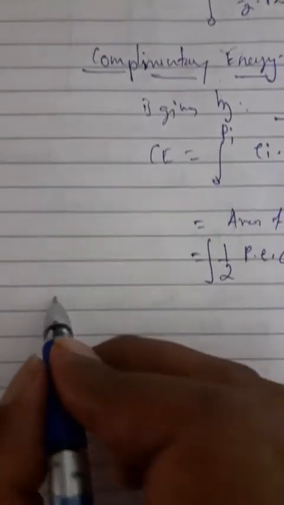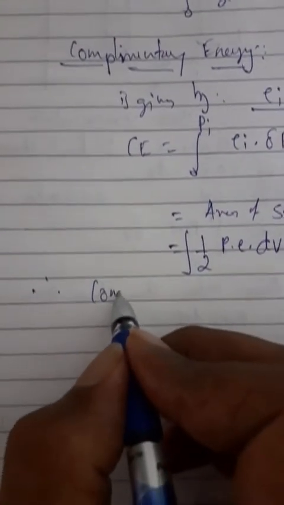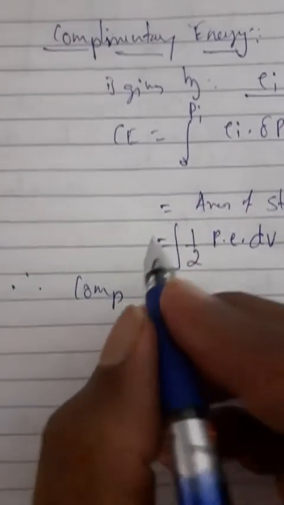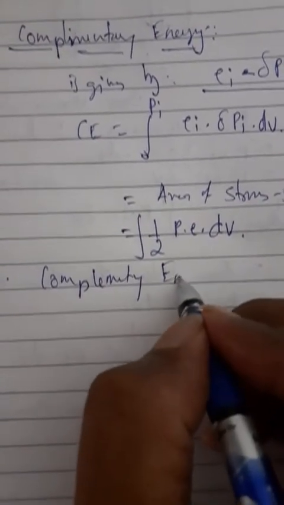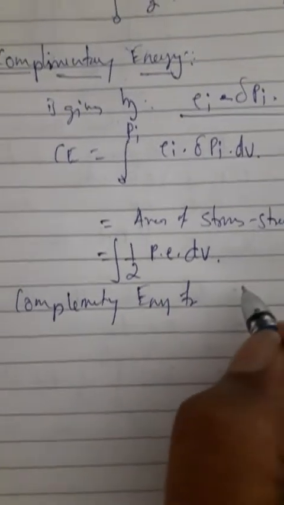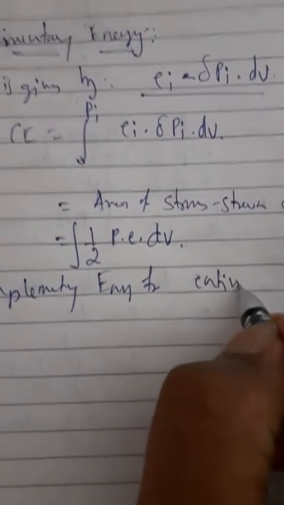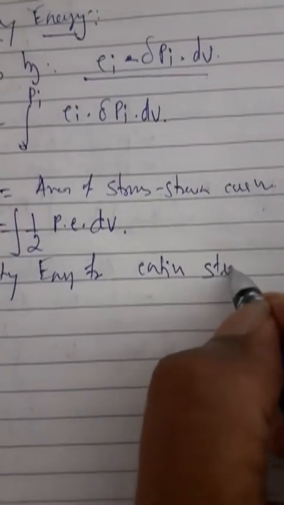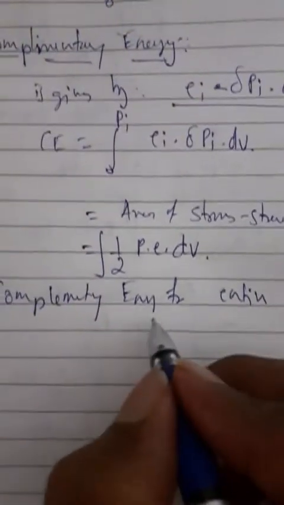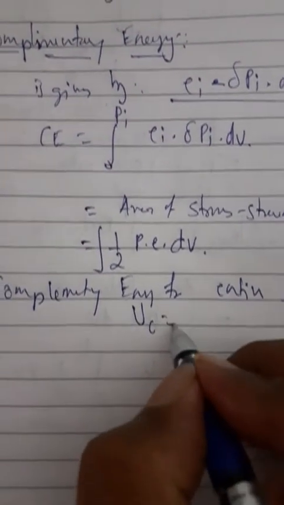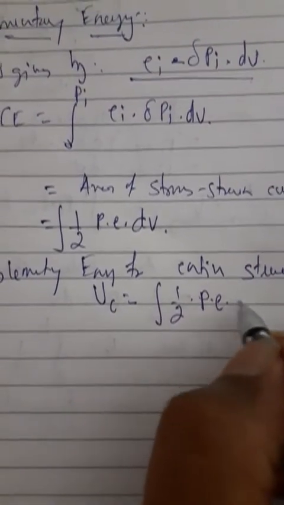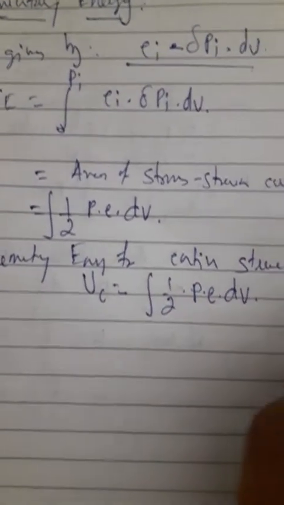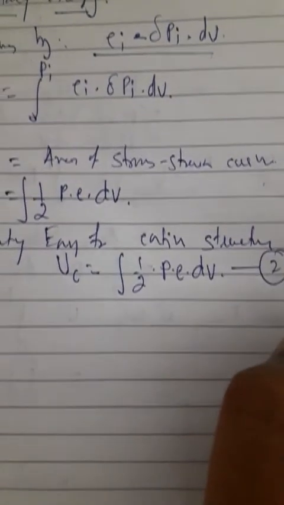Therefore complementary energy for the entire structure is the integration of half P into E into dV. Let that be equation 2.